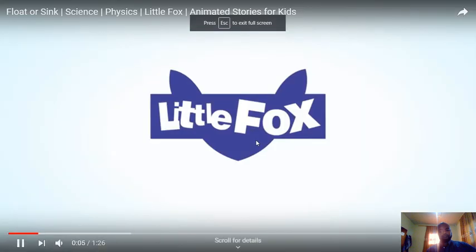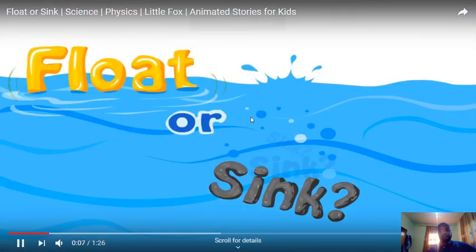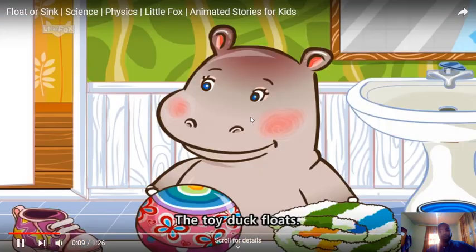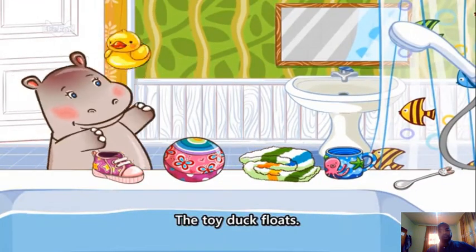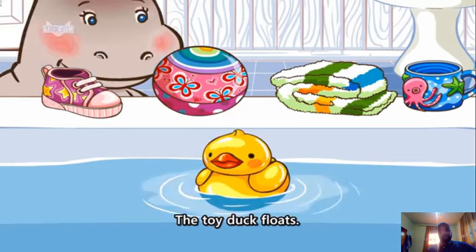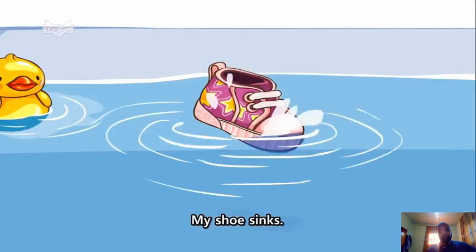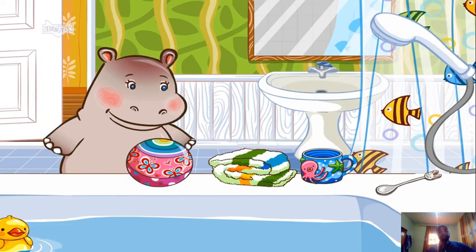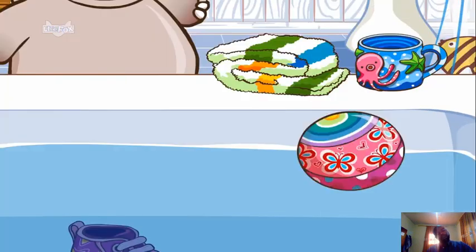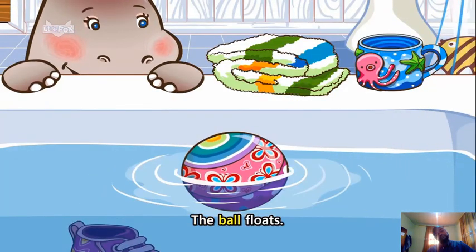Little fox. Float or sink? The toy duck floats. My shoe sinks. The ball floats.